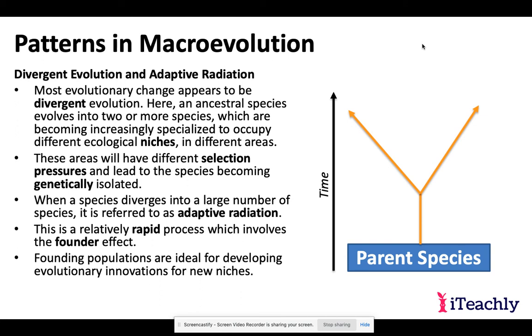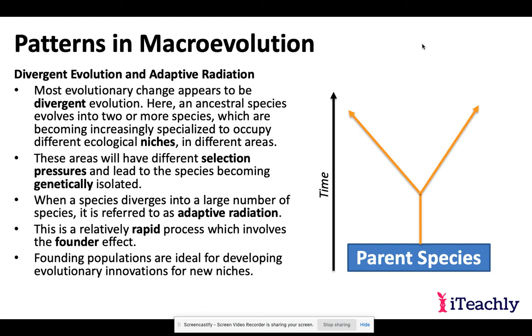Because of the change in the ecosystem, there's an available niche. And so one organism has a slight adaptation or a slight advantageous characteristic, so it can fill that role.